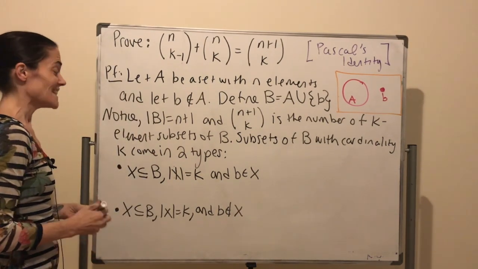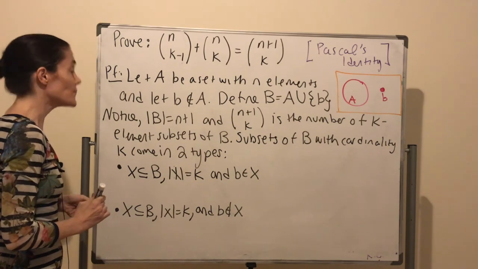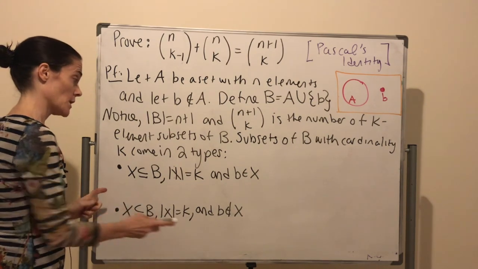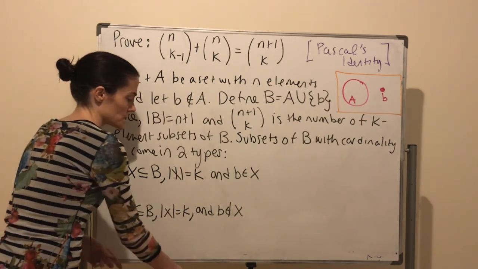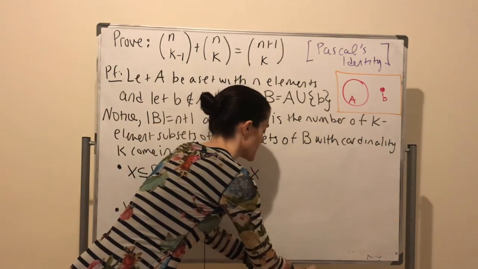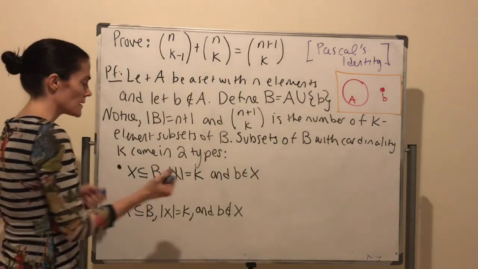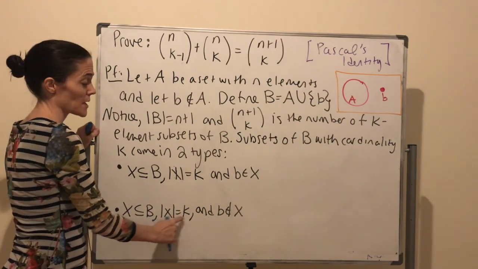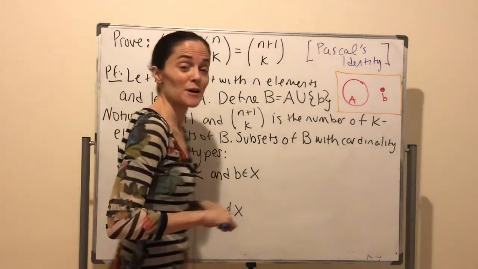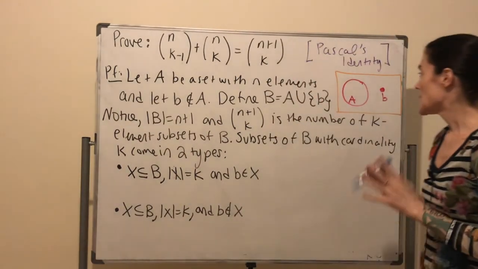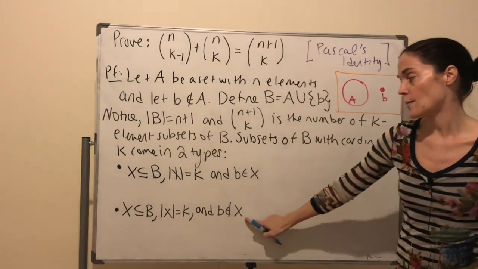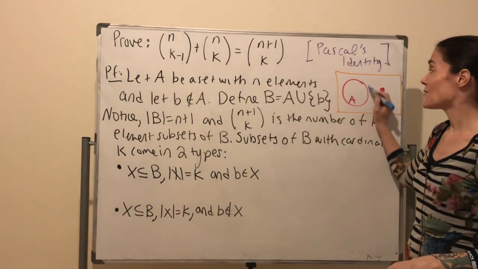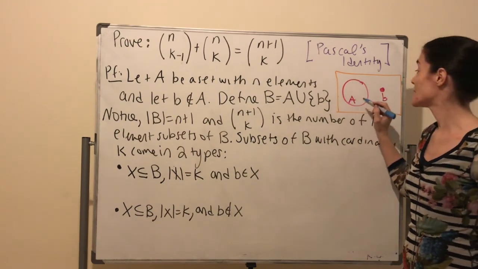Now, let's count these. Maybe I'll count the bottom one first. It is slightly easier. What do we see here? b is not in X. X is a subset of B with cardinality k. Now, come over to the Venn diagram. This means if you were in this bottom one, that X fully sits inside A, right?